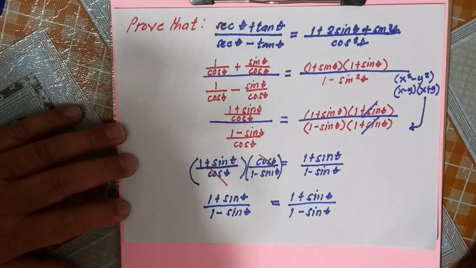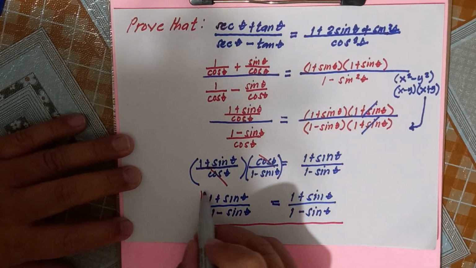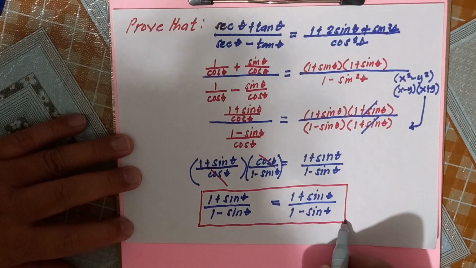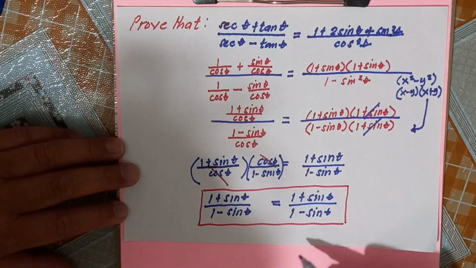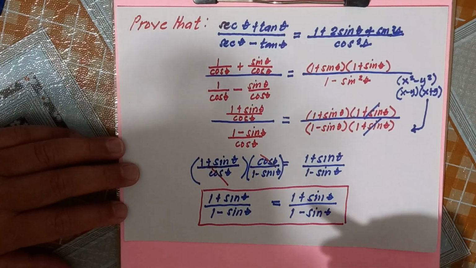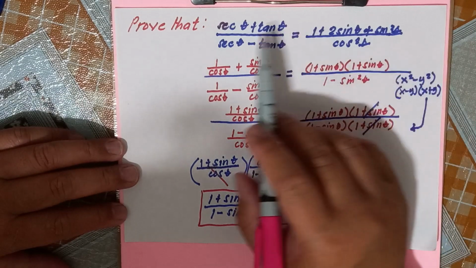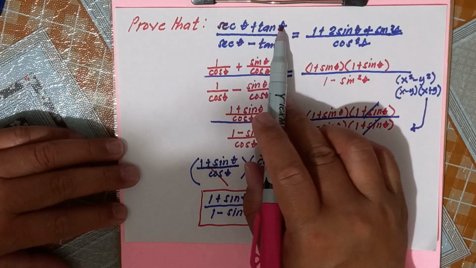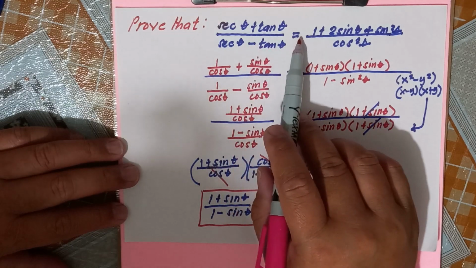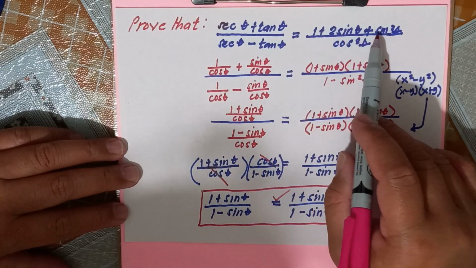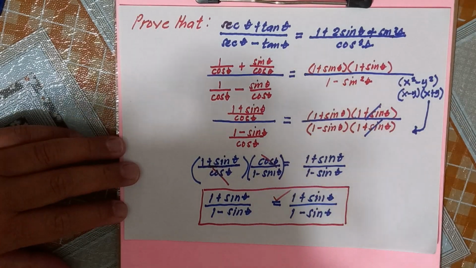So that is the proof of our problem. Notice that they are the same, meaning they are of the same form, and thus we can say that secant theta plus tangent theta over secant theta minus tangent theta is the same as 1 plus 2 sine theta plus sine squared theta over cosine squared theta.